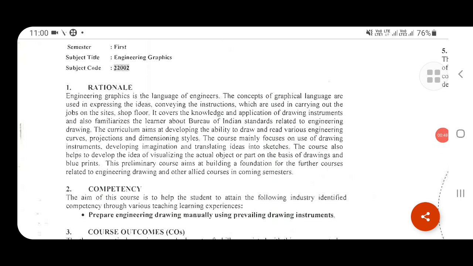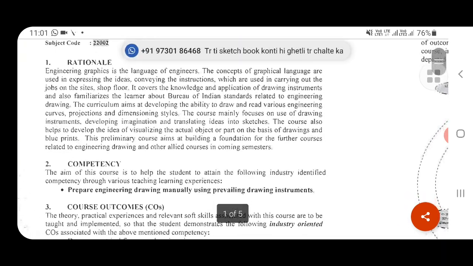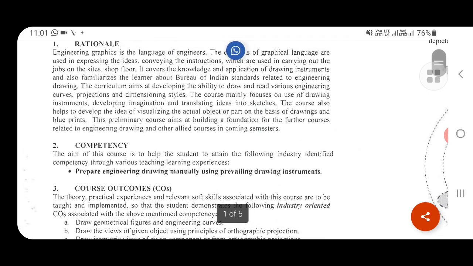So today we see the engineering graphics syllabus. The subject title is engineering graphics and the subject code is 22002. Next is the competency. What do you mean by competency?